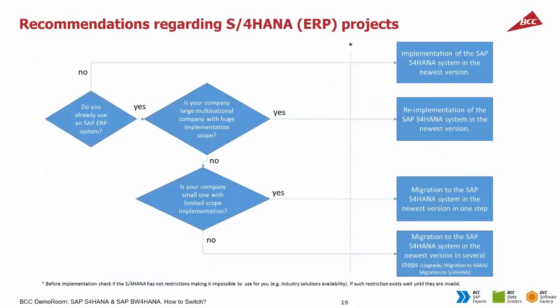To make it simpler, I tried to prepare a graph helping you to decide how to implement a new S/4HANA system. So if you don't have any SAP system, just implement the new S/4HANA system.